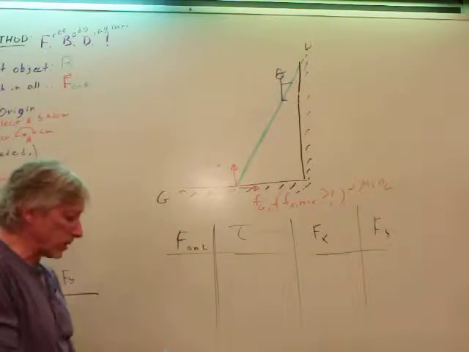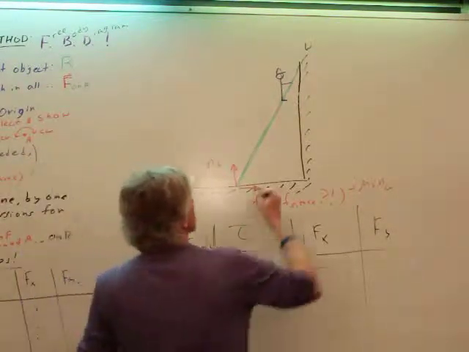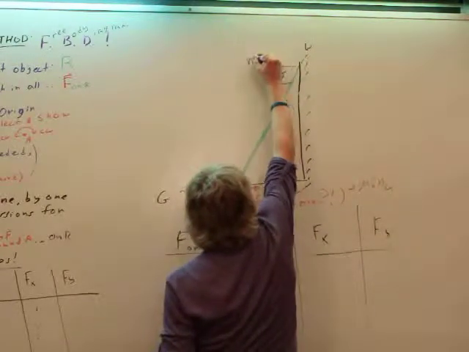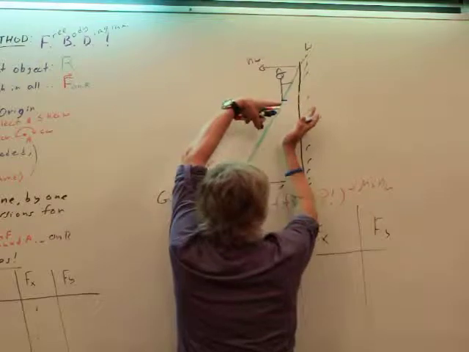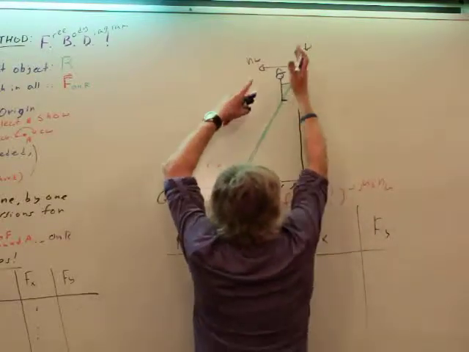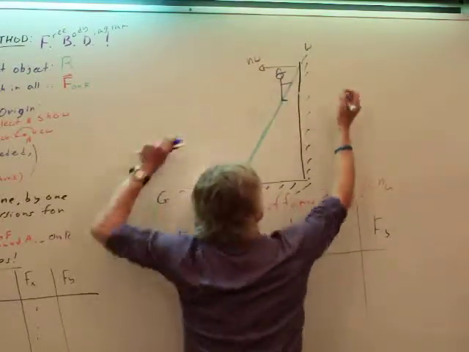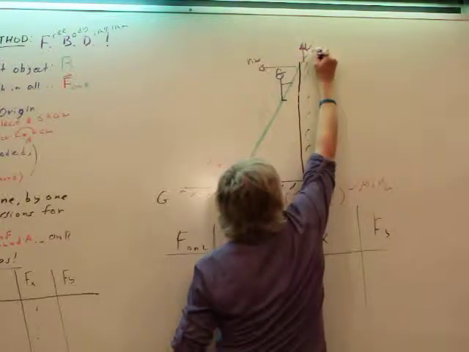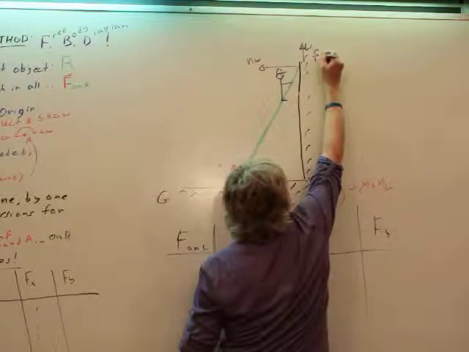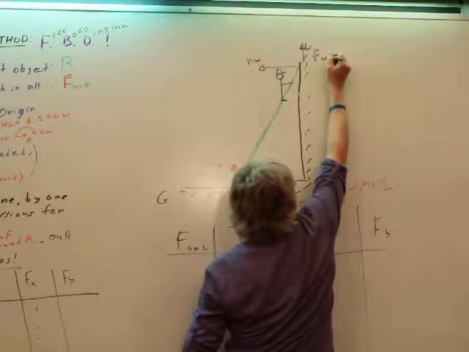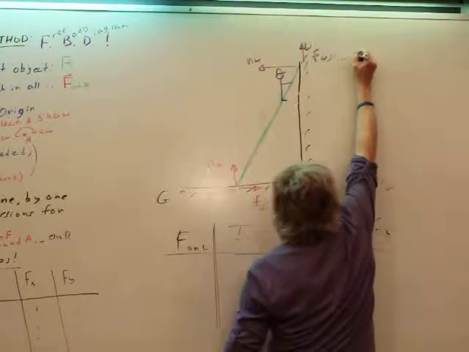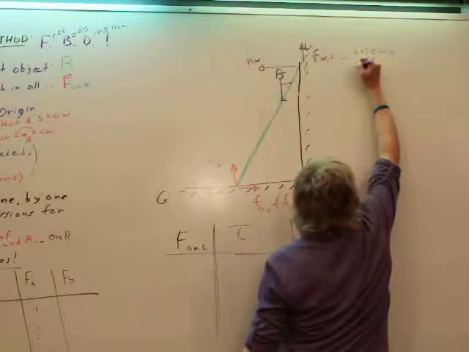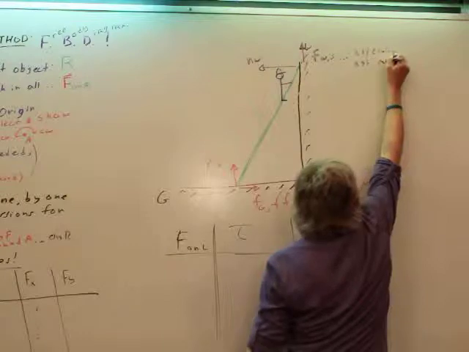Where else is it touching? Because it's touching up there, so maybe I want to do a different color. Clearly the wall is pushing this way, so I got the normal force of the wall. If it were to slide, it's this way, so friction is probably pushing up. Hopefully the wall isn't pulling down on the ladder. That would be an evil wall. F of the wall, static. Hopefully not max.